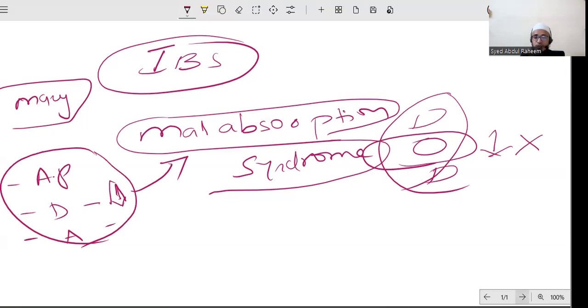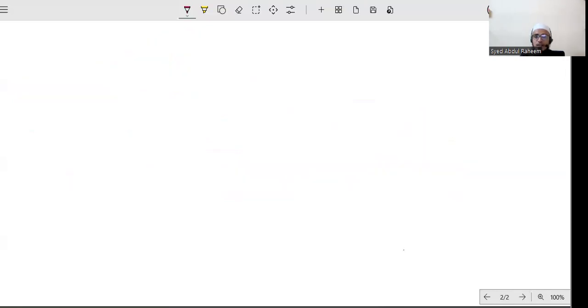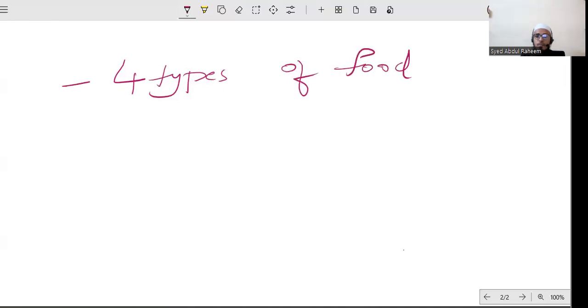So basically, in the body we will eat four types of food.